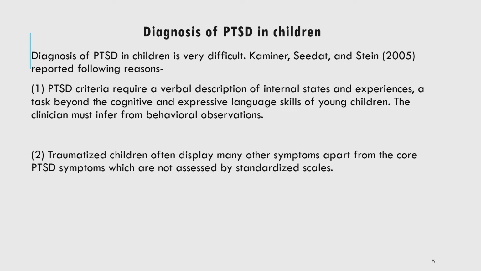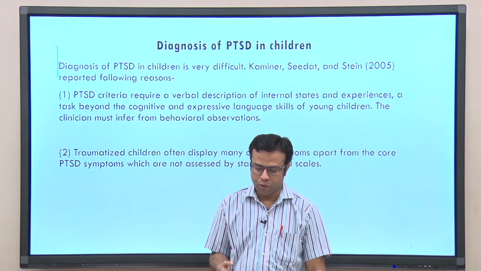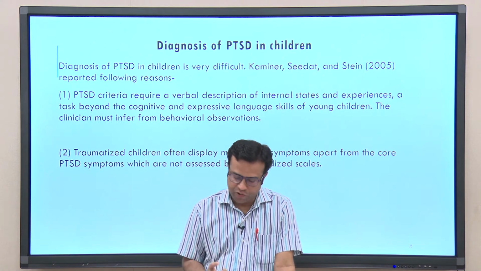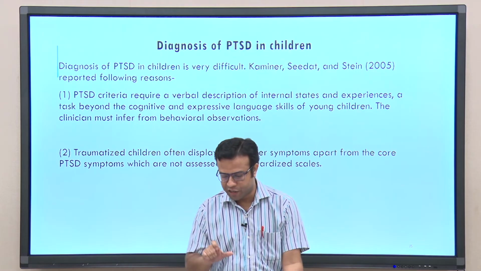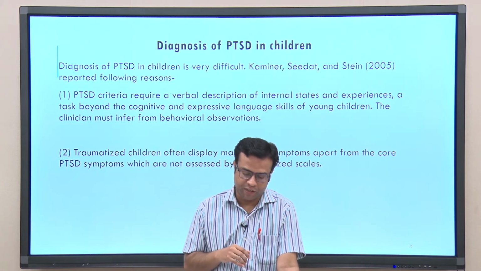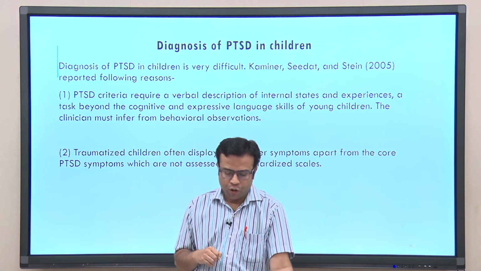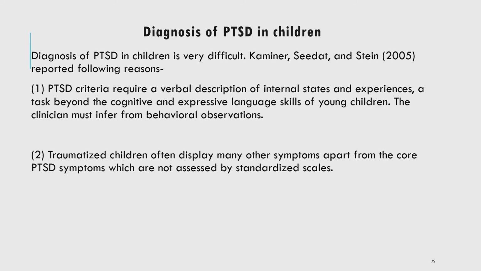Now, diagnosis of PTSD in children is very complicated and difficult, for many reasons. Some of these reasons we will discuss. For example, Kaminer and colleagues, 2005, in one of their research articles, reported some reasons why it is so complicated. One reason is that PTSD criteria require most of the criteria that we have discussed to be reported. An adult can express it and say, this is what is happening with me, I am re-experiencing these symptoms, I have hyperarousal, I get disturbed, I cannot concentrate, and all these symptoms can be verbally explained by an adult about their internal states and experiences.